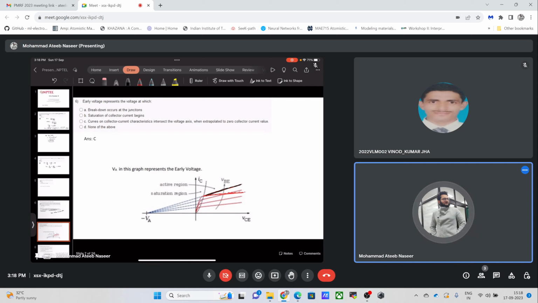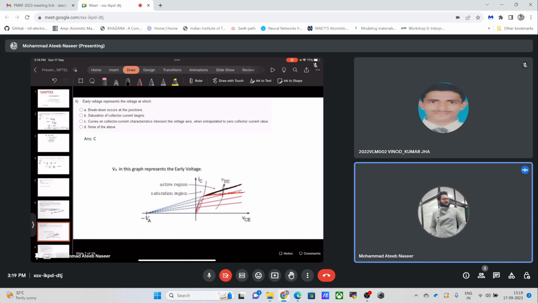this means that it has some resistance associated with it. Okay, so since it has some resistance associated with it, we try to extrapolate these collector current values, and we observe that they intersect for different VBEs.